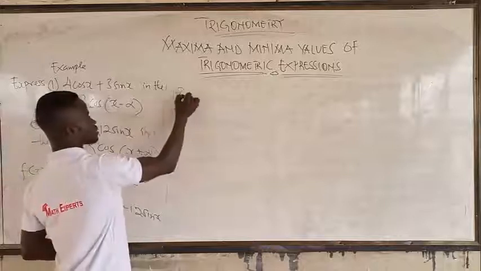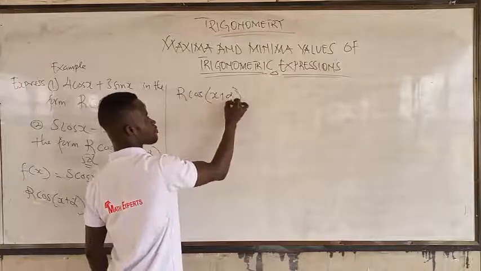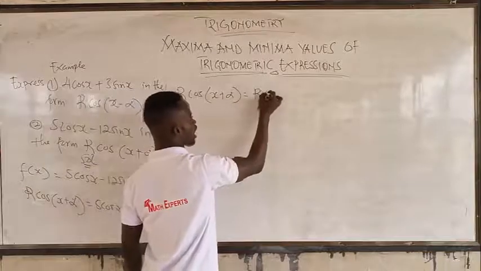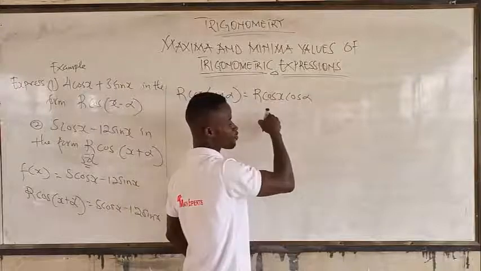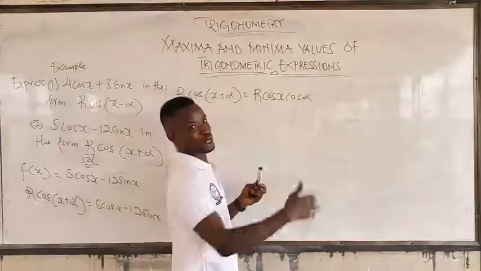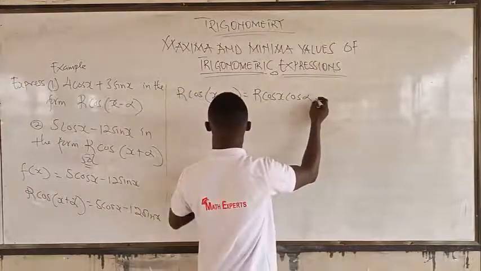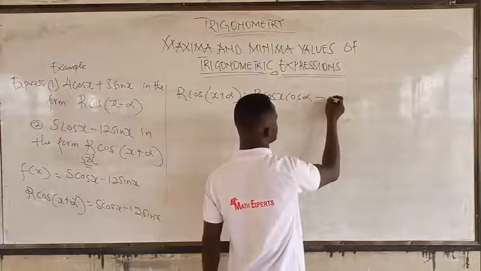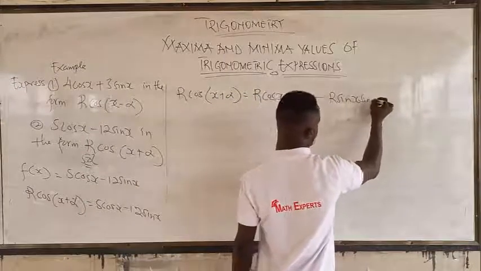We know that r cos of x plus alpha will be equal to r cos x cos alpha. Don't forget, I'm doing 2 in 1 thing. I have multiplied through by r already, and I'm writing the formula, minus r sin x sin alpha.